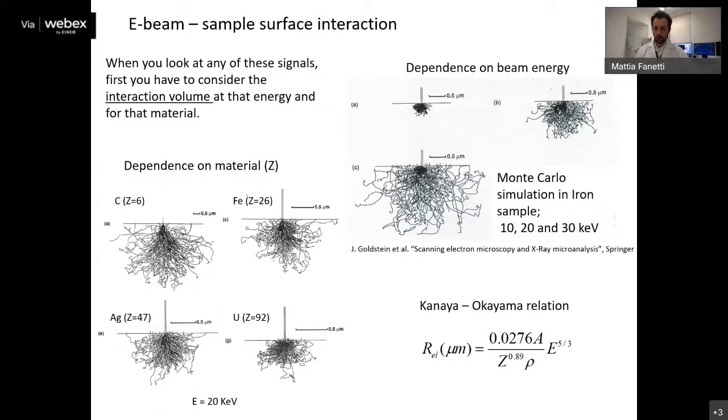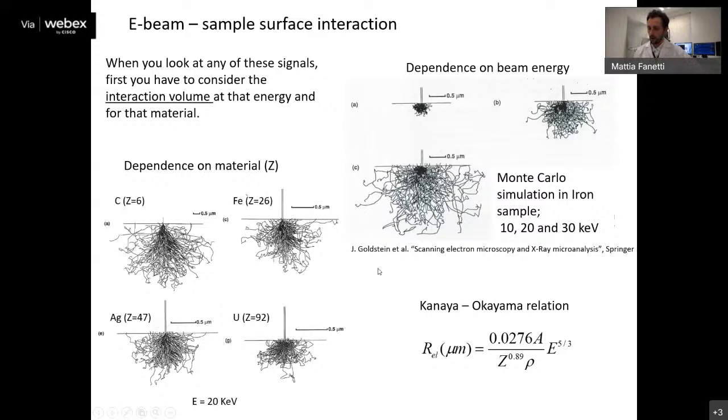Okay, so the higher is the Z, the heavier is the element, the lower is the interaction volume. But of course, it depends also on the beam energy. Here in iron, we see the difference between 10, 20, and 30 kilovolt. You can see that at 10, we have an interaction volume of half micron, even less, while at 30, we have an interaction volume of 3, maybe, micrometer.